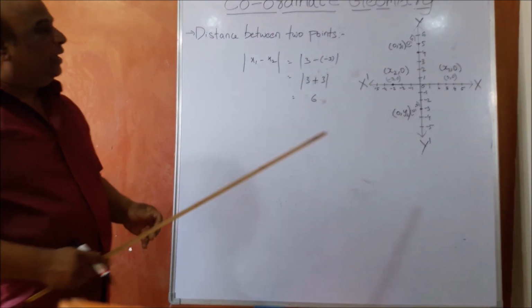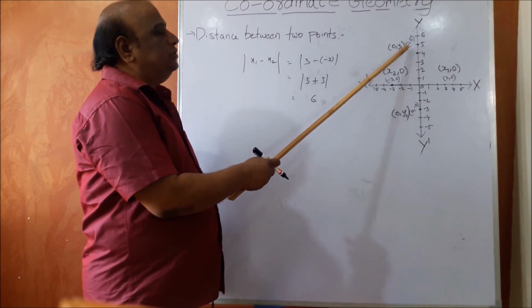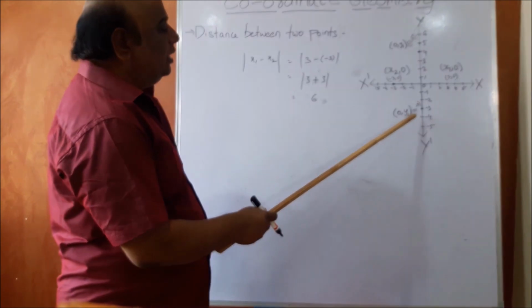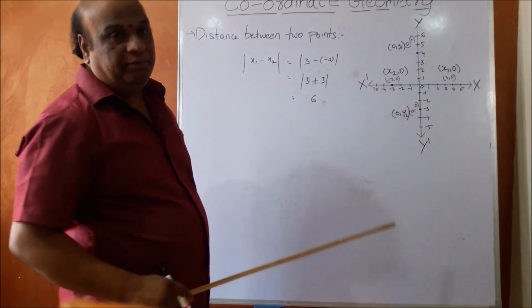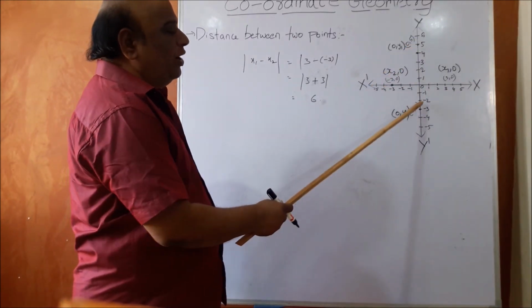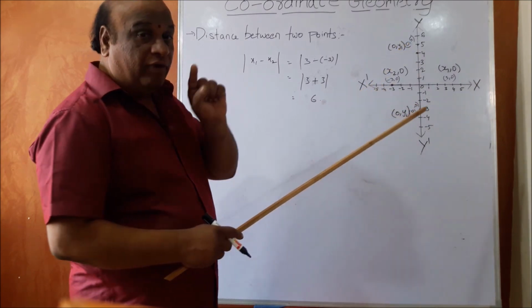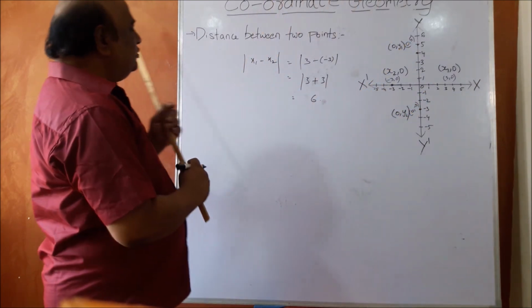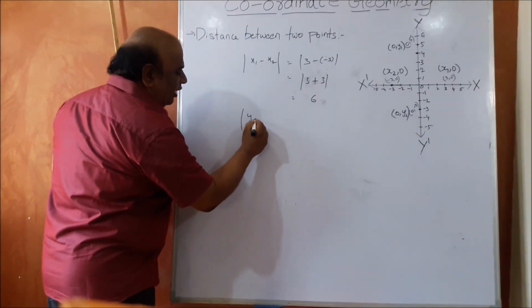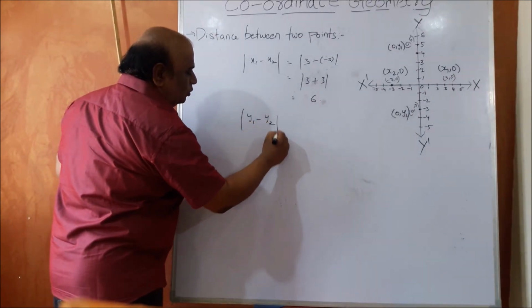Like this, here if you observe these 2 points, 0, 5 and 0, minus 3. How to find the distance between these 2 points which are on the y-axis? This formula is modulus of y1 minus y2.